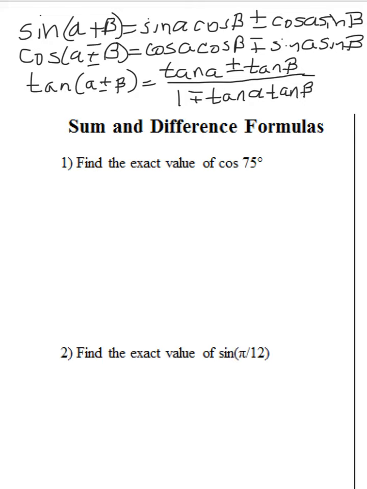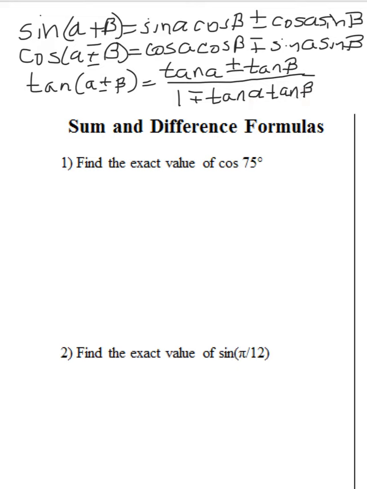All right, so the last one is tangent. If we have a tangent of two angles added together or subtracted, tangent alpha plus or minus beta, we're going to use tangent alpha plus or minus tangent beta divided by 1, and then if we added first here, we're going to subtract first here, tangent alpha, tangent beta.